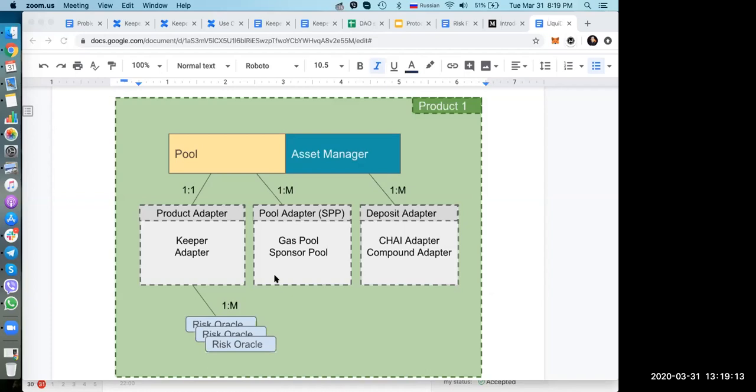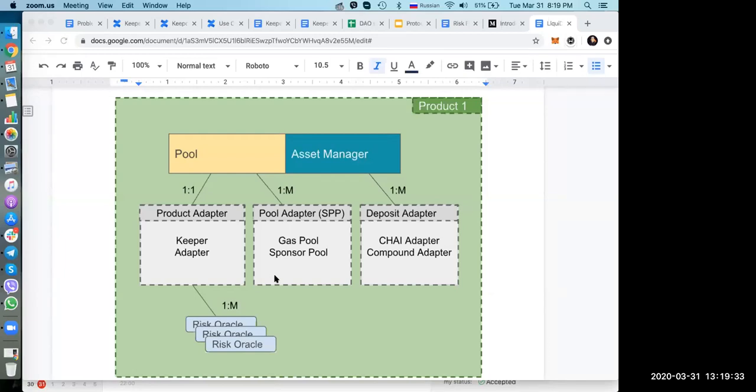The special purpose pool is an interesting concept, which allows the product to implement specific functions needed to make the work of the product more efficient.